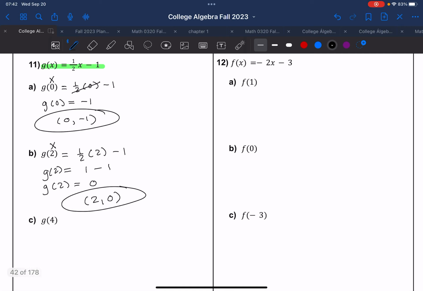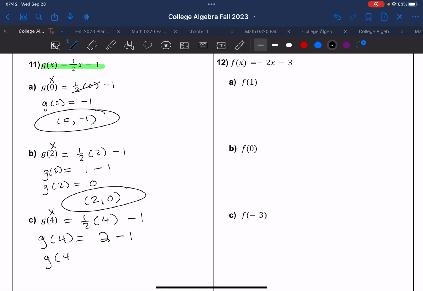What about g of 4? What's that 4 representing? X or y? X. So I have g of 4 is equal to 1/2 times 4 minus 1. What's 1/2 times 4? 2, and 2 minus 1?